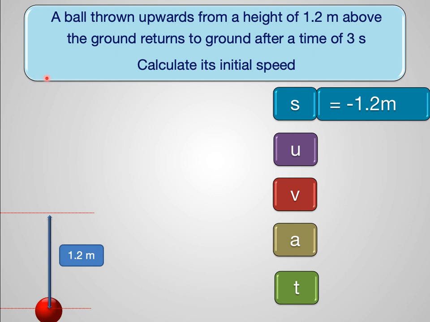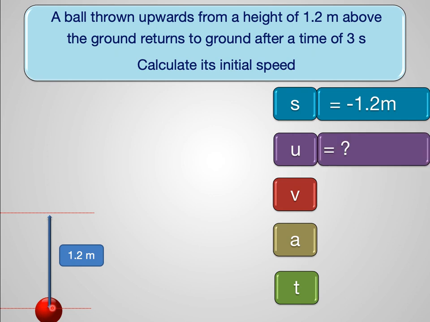Then when it comes back I have to take minus 10. When it reaches here, it will complete minus 10. Again it's continuing to move in that minus direction. Finally it's moving in the negative direction. Downward I have taken negative, means the final displacement is minus 1.2, not plus 1.2.